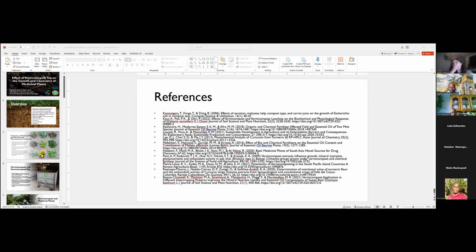I think that some of the issues in my project could have been that perhaps I wasn't adding enough of the tea. However, for my second experiment that had different vermicompost tea mixtures, I did actually see significant differences, just not with the vermicompost tea alone, because I did add other organic amendments such as seaweed extract, and I also added hydrolyzed fish, which did cause significant differences in chlorophyll and in other aspects that I measured.